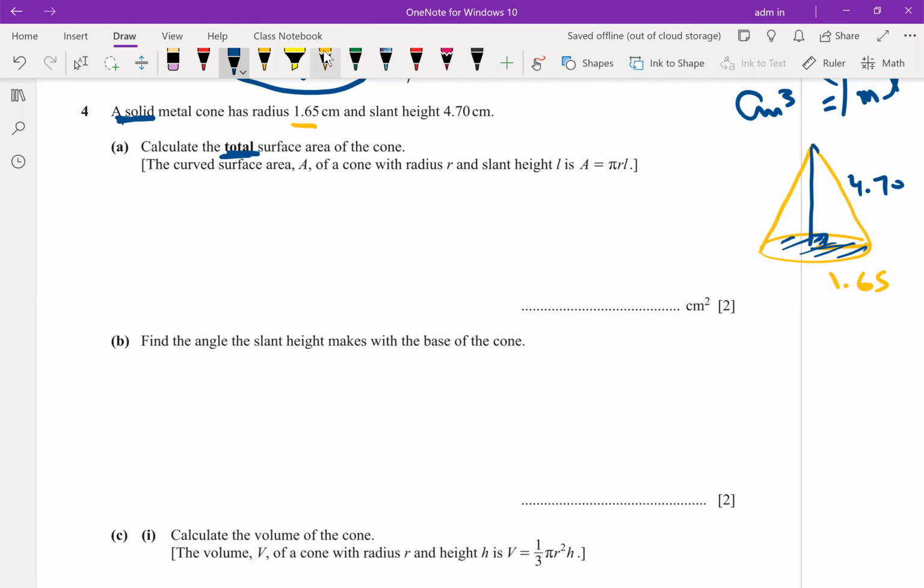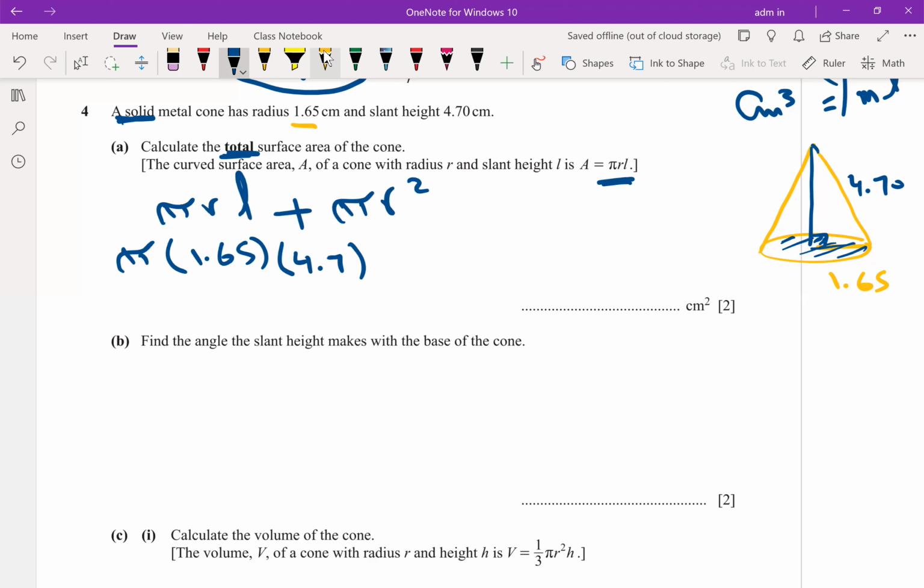What is the area of the curved? Pi RL. Plus, what is the area of the circle? Pi R squared. So pi times 1.65 times 4.7, plus pi times 1.65 all squared.